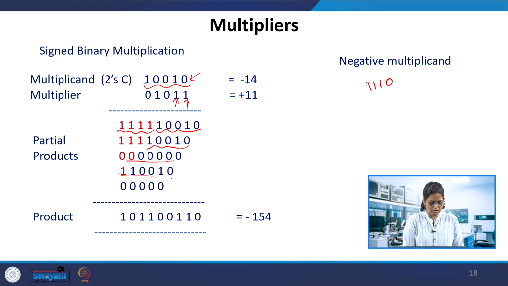So with this we can stop. We can have this also 111, and then add them to get the minus 154. It has 5 bits, and up to this it is sufficient to have the number. Even if we have 111, that is not going to make any difference in the product. So this would be minus 154 with the signed binary multiplication.